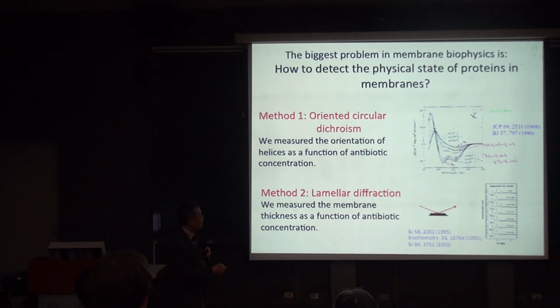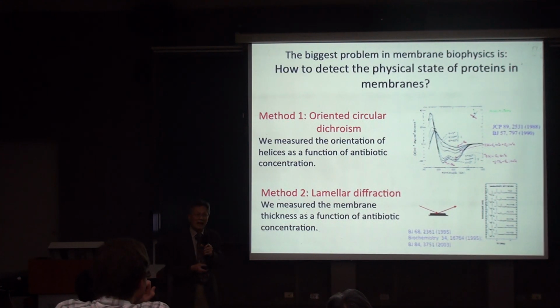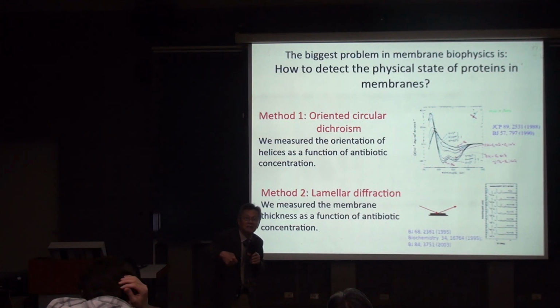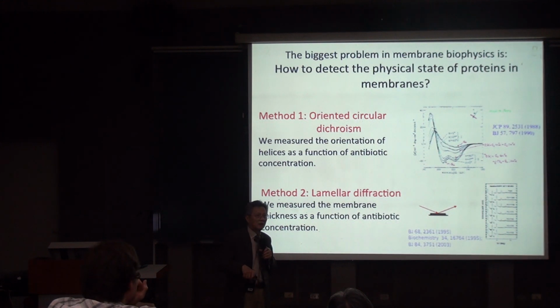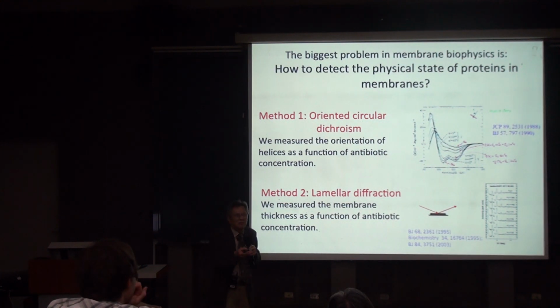We have one method called oriented circular dichroism. Circular dichroism means the absorption difference between right-handed polarized light and left-handed polarized light. Most physicists and chemists don't care about this because most molecules are symmetric.